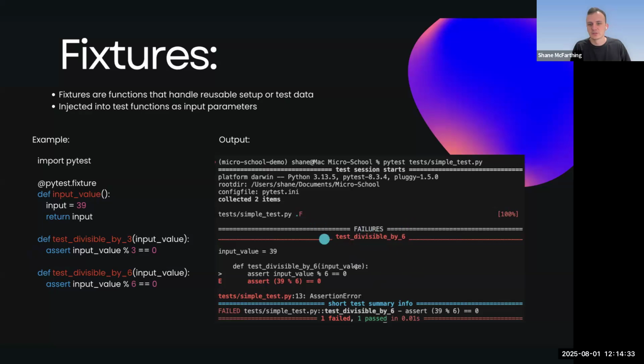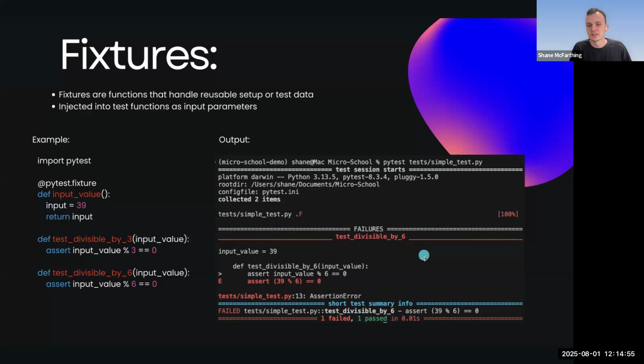Then it gives you a description of the failure. It says that the input value was set to 39, and then at the assert, it was asserting that 39 is divisible by 6 with no remainder, and it failed with an assertion error. So this gives you an example of what it looks like when a test fails.